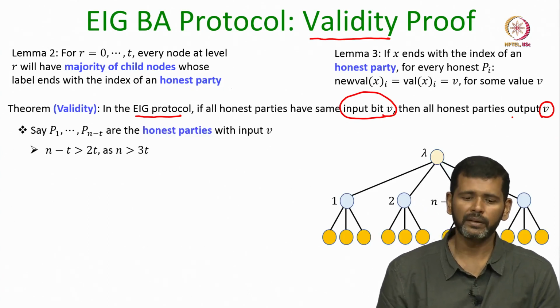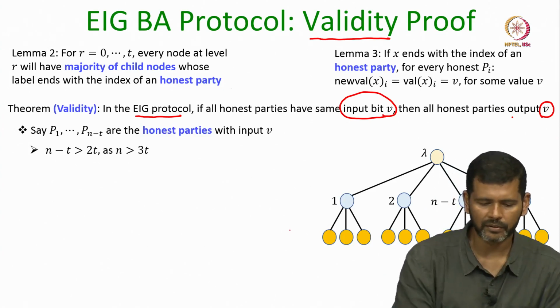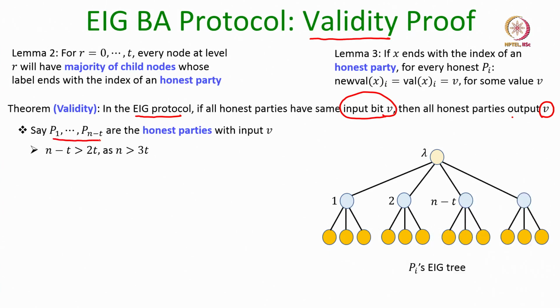So, how do we prove this? Without loss of generality, assume that the parties P sub 1, P sub 2, up to P sub n minus t are the honest parties. Remember, there are at least n minus t honest parties and at most t corrupt parties, and their exact identities will not be known.